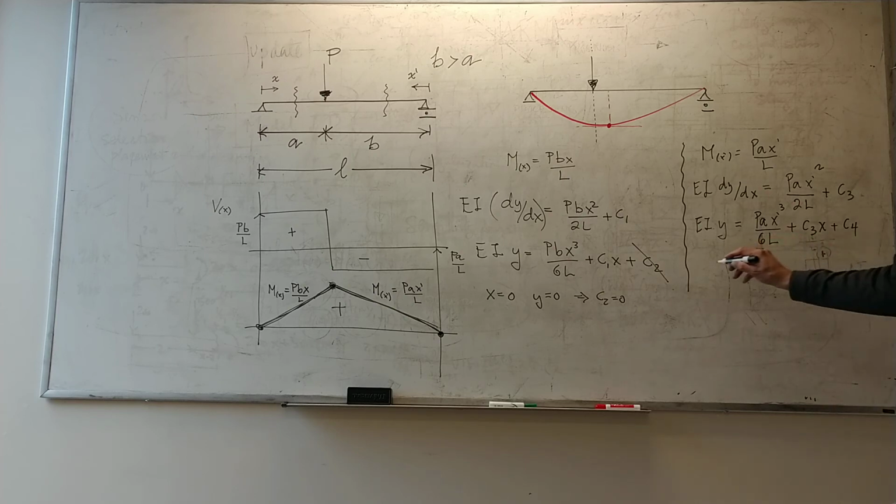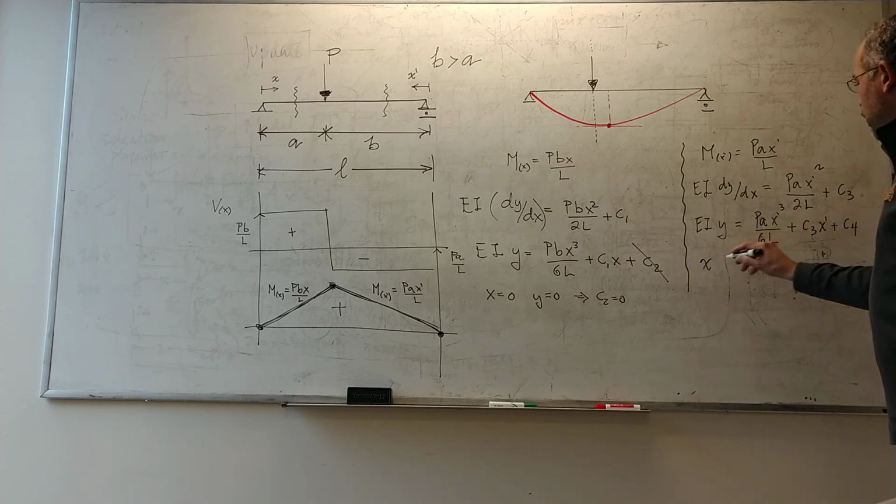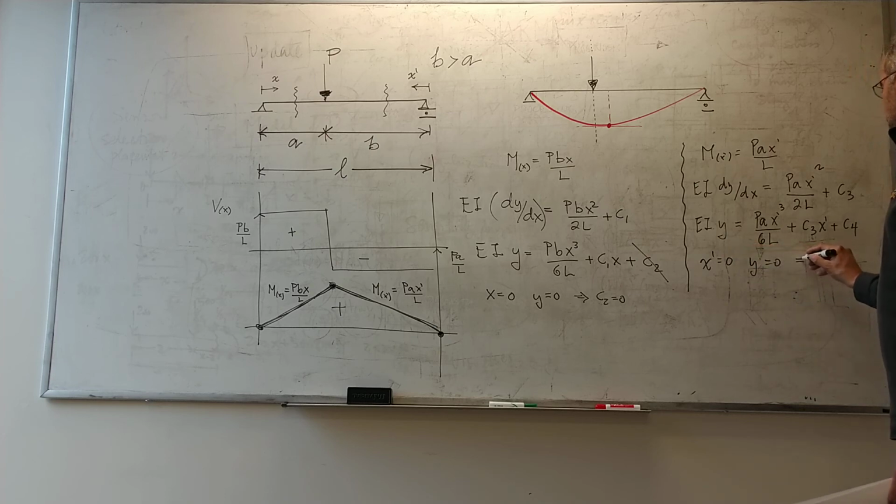Again, when X prime equals 0, Y is 0, which means that C4 equals 0.